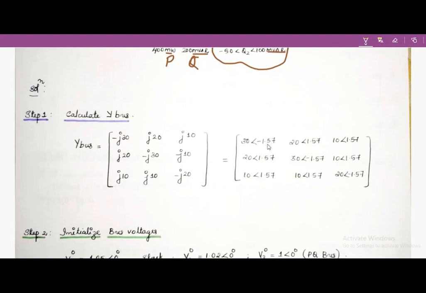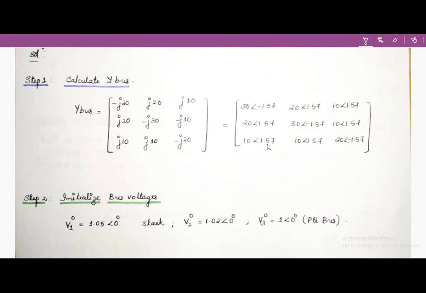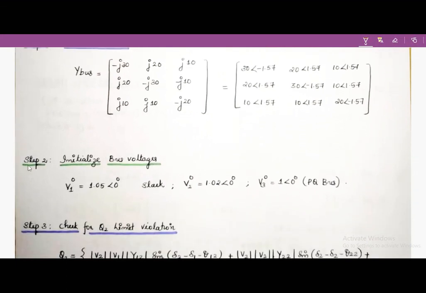Now the next step is initialization of bus voltage. How will we initialize the bus voltage? We will initialize the bus voltage as 1.05 angle 0. Here it is mentioned as 0 degree or 0 radian, whatever it may be, 0. 1.05 angle 0 because it was a slack bus. In the other case, the second bus was a generator bus whose magnitude was given, so I cannot assume it as 1.